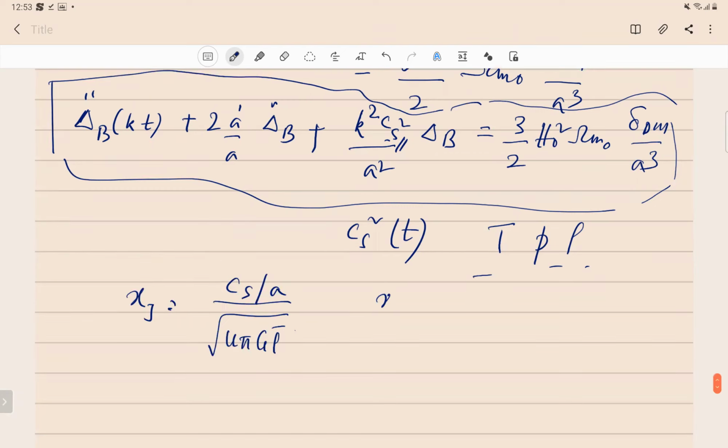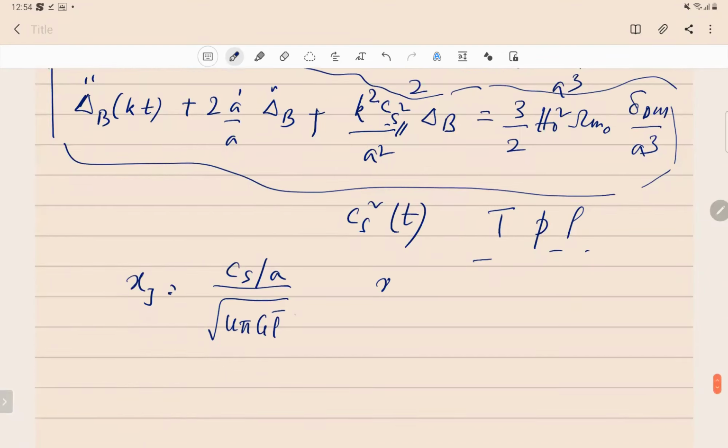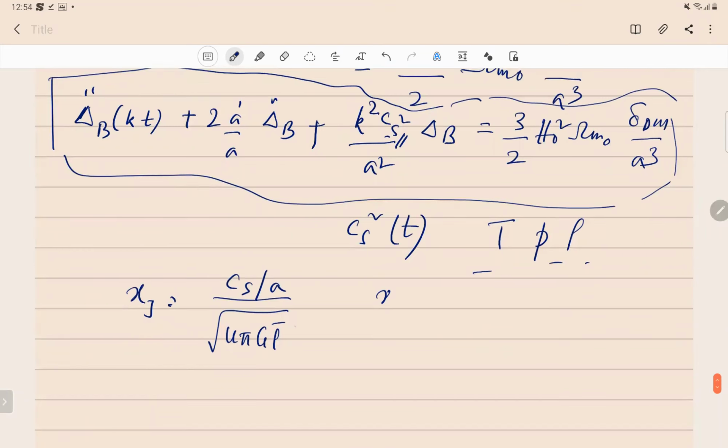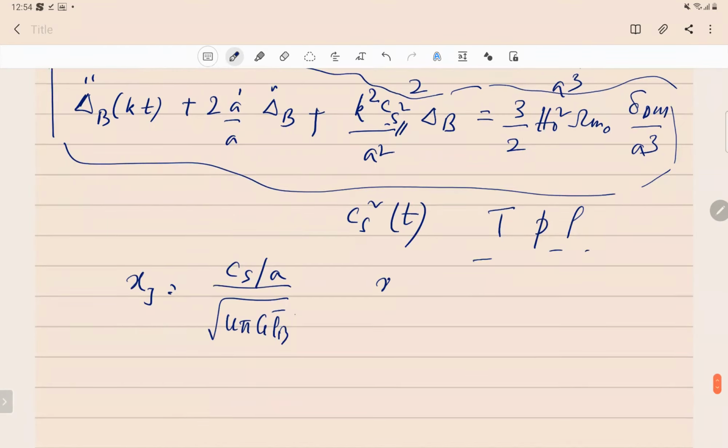Now what we want to do is write the second term over here in terms of this pressure term, okay? This is baryonic now. So with this definition, it's very easy to see that this k squared will remain. You can write c_s squared by a squared as just x_J squared times 4 pi G rho. So let me write that down anyway.